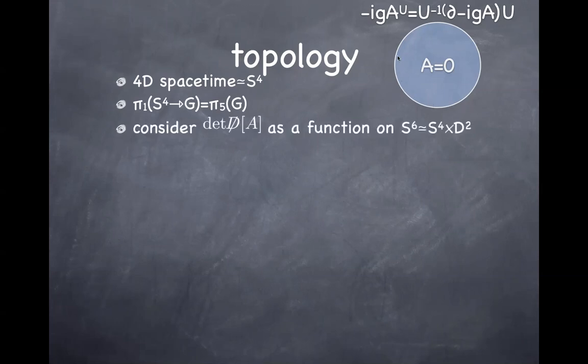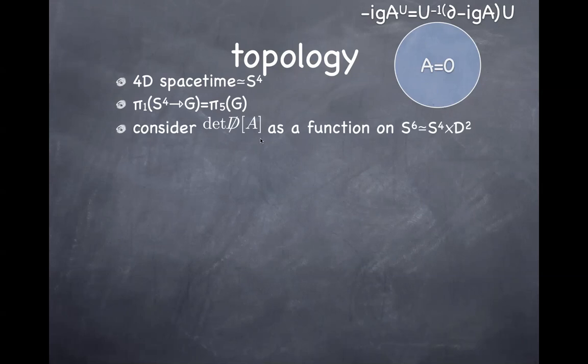So let's imagine that this is that loop which corresponds to this non-trivial gauge transformation. Starting with no gauge field in the middle, I can define a disk where this loop has this gauge transformation all the way around, and you fill in the blank to make it a continuous disk. Then I can consider the determinant of the Dirac operator, namely the path integral of the fermion, as a function on this disk.